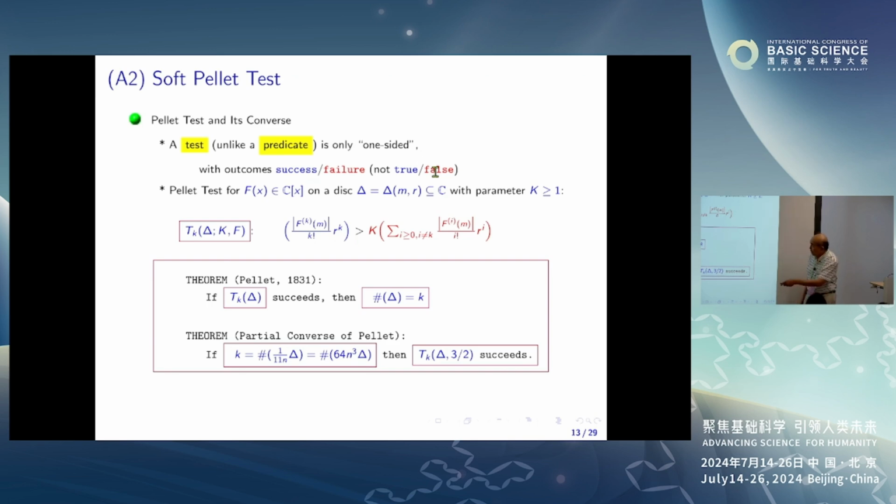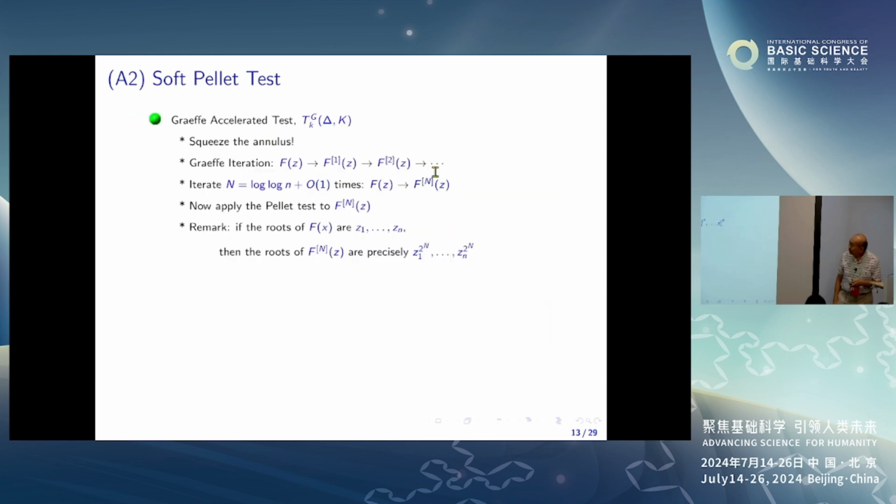So you can do the analysis and see that if you take the disk, shrink it by 1 over 11n, make it very small, and all your roots are in there, and you take the disk and expand it by an n cubed factor, and you don't get any new roots, then Pellet will succeed. So wow, that's not very helpful. Computationally, how can you use this? All right, let's go on.